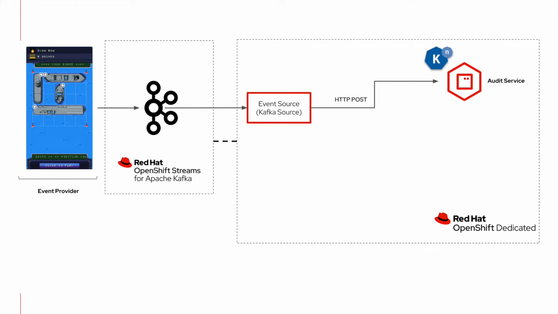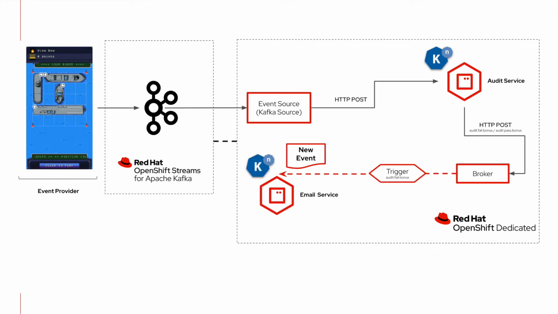A Kafka source reads the events from Kafka topics and forwards them to the audit service. The audit service will emit a new event if it suspects a player is cheating. This new event is routed to an email serverless function that notifies game admins about the suspected cheater through a broker and trigger pattern.